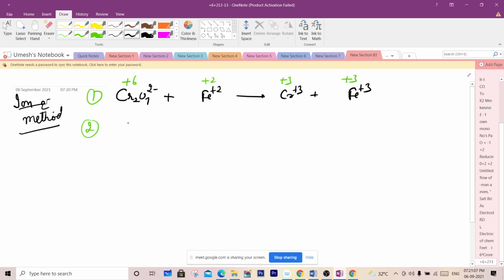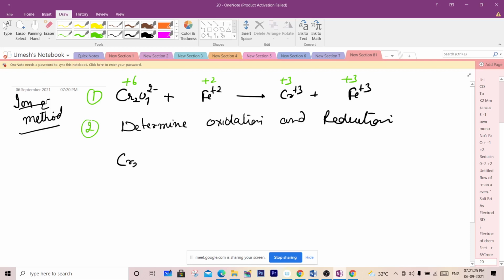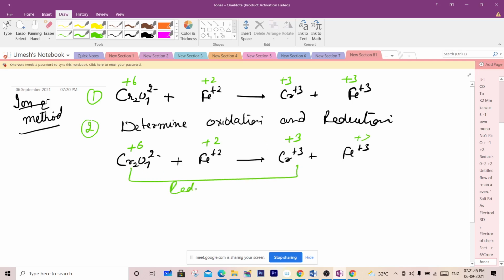Then the next step is to determine oxidation and reduction. Cr2O7 2 negative ion goes from +6 to +3, and iron from +2 to +3. It means chromium is undergoing reduction and iron is undergoing oxidation.